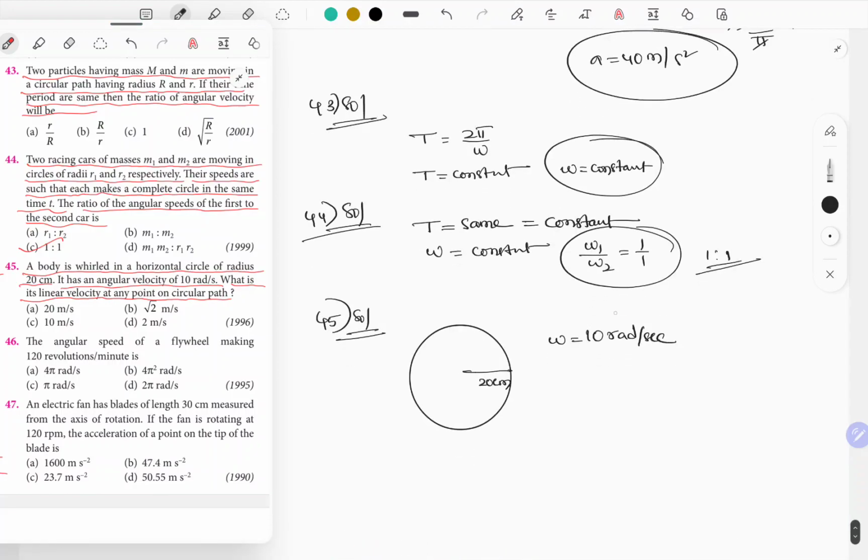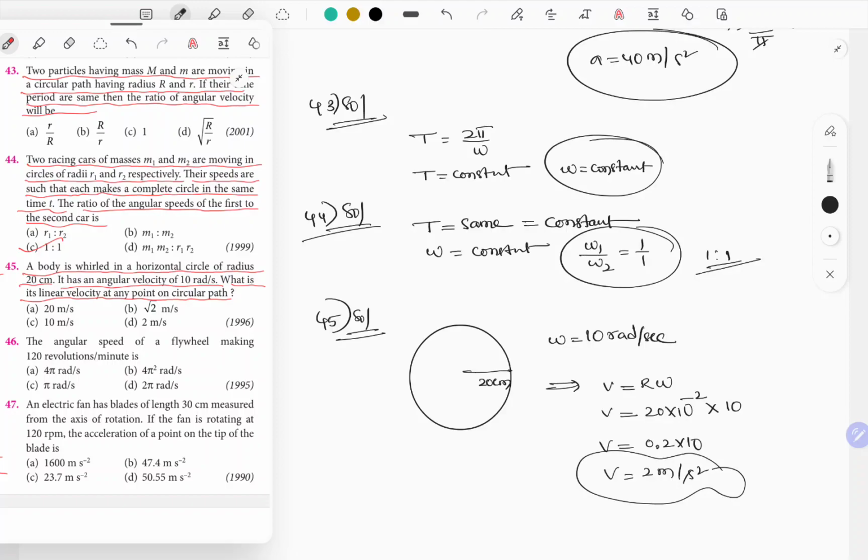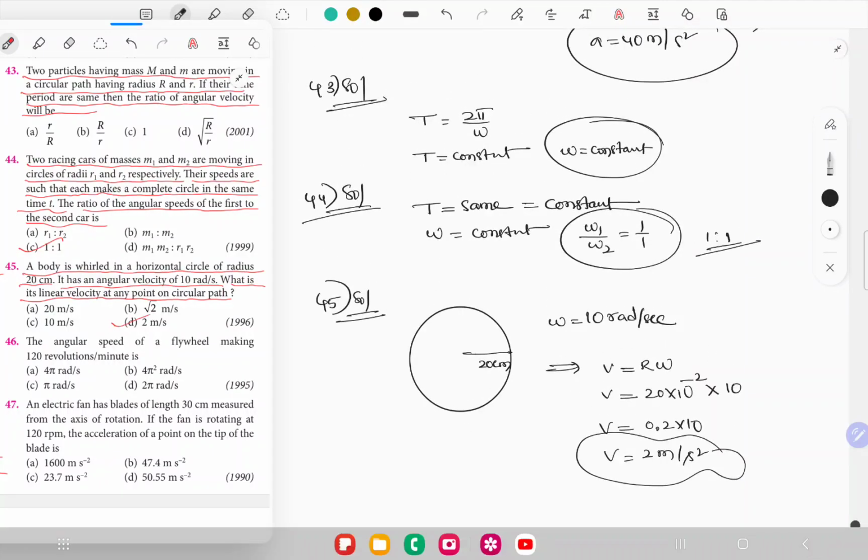What's the relation between linear velocity and angular velocity? Linear velocity v is equal to r omega, right? Then v is equal to r value 20 centimeter, convert that into meter, 20 into 10 power minus 2, into omega value 10. So v is equal to 0.2 into 10, which is equal to 2 meter per second. So this is the answer, option D is correct.